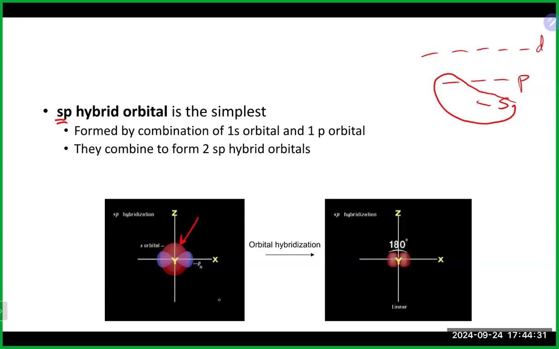The s orbital is the spherical shape. The p orbital is this figure 8 type of shape. They're going to hybridize and form 2 hybrid orbitals. We took an s, we took a p. Those are 2 atomic orbitals. They will produce 2 equivalent sp hybrid orbitals.